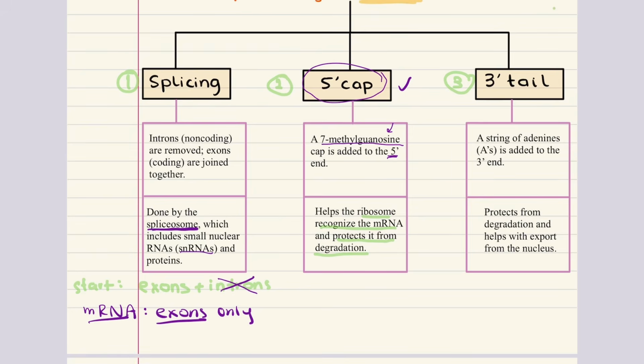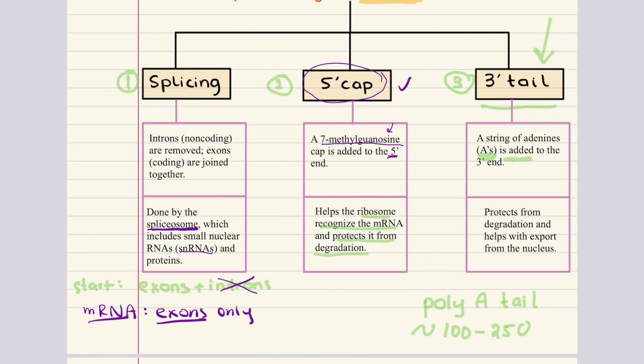The last major modification is the 3' poly A tail. At the 3' end of the RNA, a long stretch of adenine nucleotides is added, and this is called the poly A tail. The addition of the tail is catalyzed by a special enzyme, and it involves adding about 100 to 215 adenines to the end of the transcript.